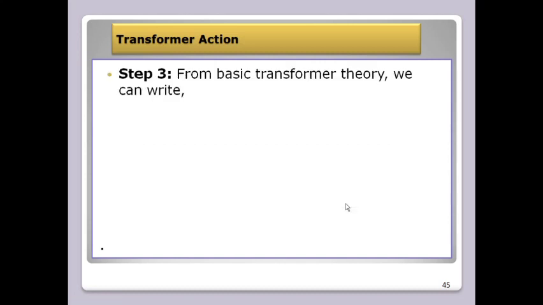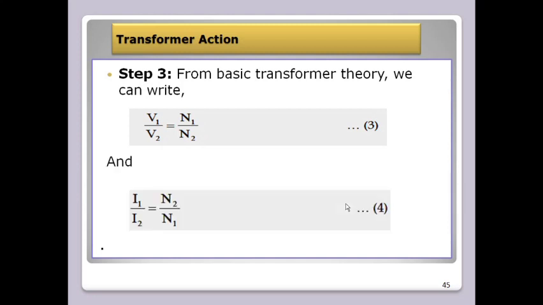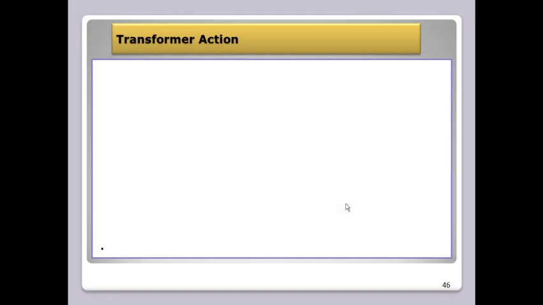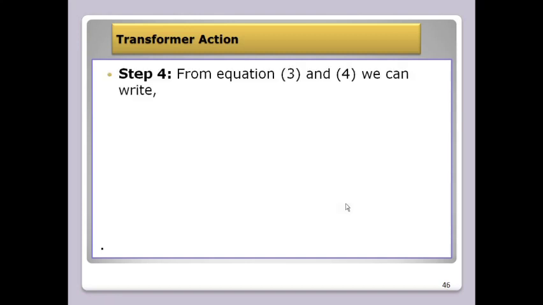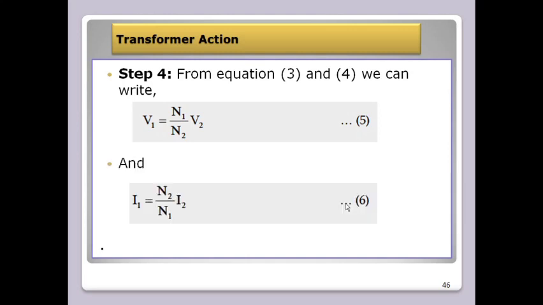Now from the basics of transformer theory, we can write V1 by V2 equals N1 by N2, and I1 by I2 equals N2 by N1. This we have studied in your previous semesters. From the above equations, we can write V1 equals N1 by N2 into V2, and I1 equals N2 by N1 into I2.